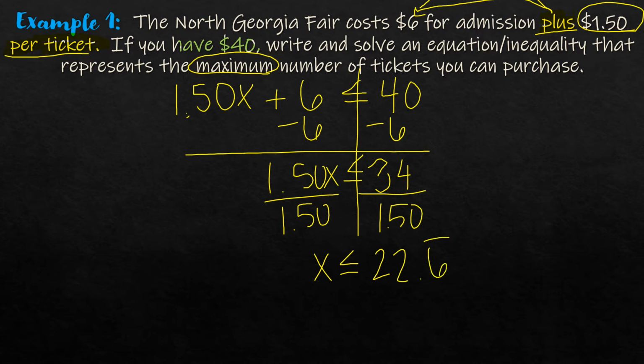Well, you can't get 22.6 tickets. So this is why the word maximum was important. What's the maximum number of tickets you can get? I can't round this up to 23 because then I've spent more than my $40. So because it's maximum number, I need less than and I need to round down, which means the most that I could get would be 22 tickets.